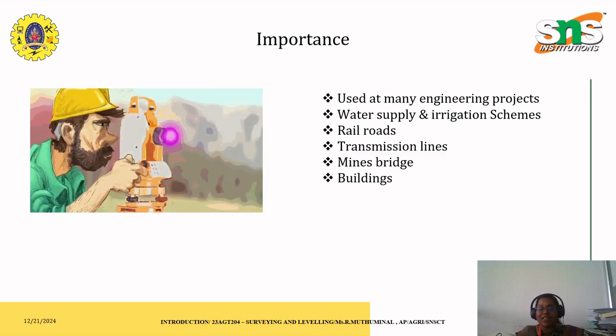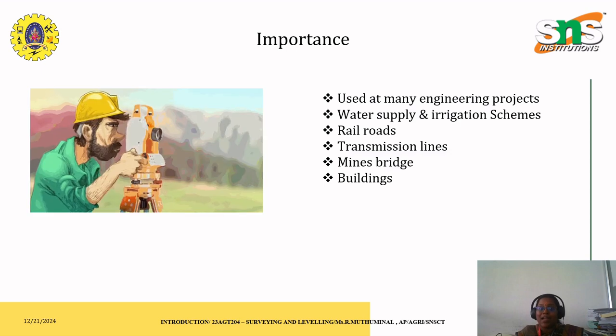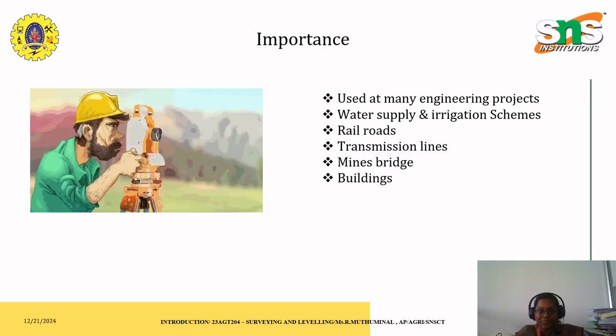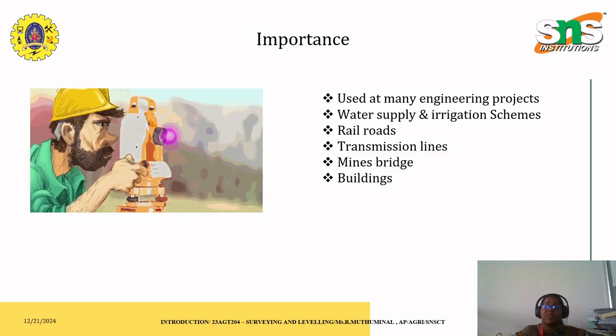Under these schemes, it is mandatory for us to collect the data on where this kind of pathway could be aligned, and also to select a location where the reservoir could be built with a natural border, and where the construction is very economical. This is where surveying plays a major role.